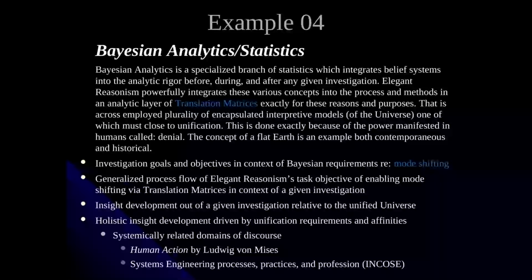Those are just epicenters, centers of gravity, if you will, for the kinds of work that's being done at those levels. The point is you have to have enough content there to get to the holistic insights that are driven by the unification requirements and affinities.